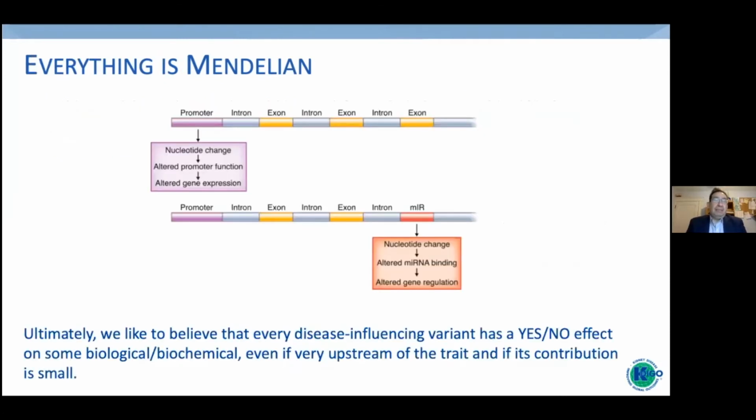On the other hand, I think some of us like to believe that ultimately everything is Mendelian in some sense. This is perhaps a little bit too much of a stretch, but we'd like to believe that every disease influencing variant ultimately has some binary effect on some biochemical or biological function, even if this is very upstream of the trait that we're looking at.